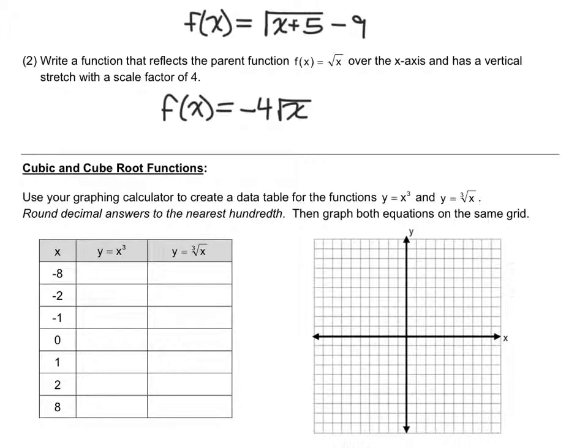In y equals, I'm going to put my two functions in. This time it's x cubed and the cube root of x. The cube root, you can get in the math menu. We talked about that yesterday. So math, option 4.